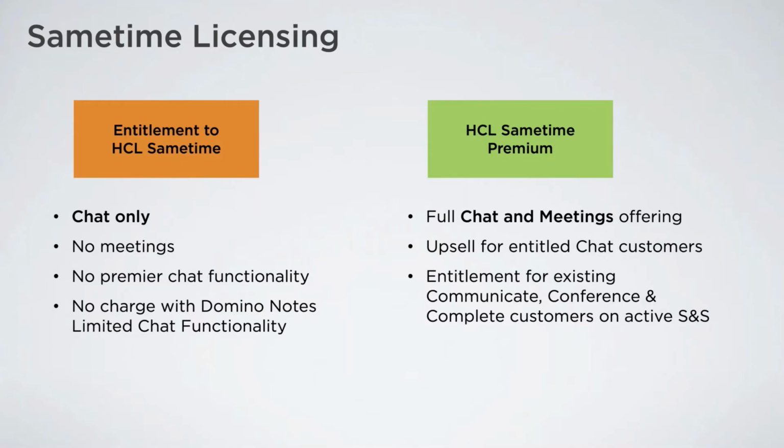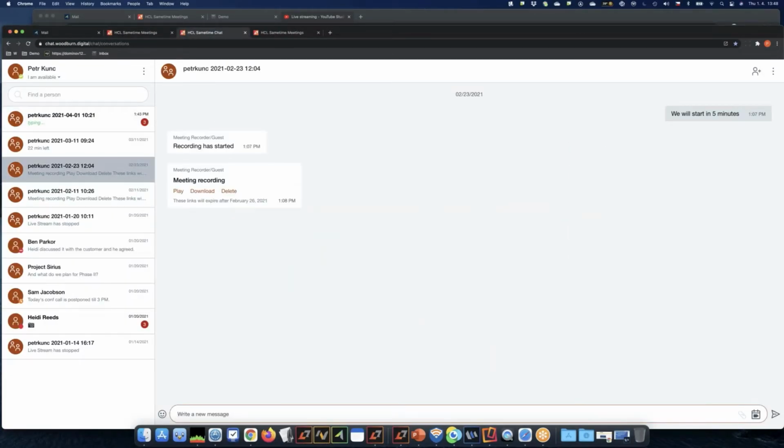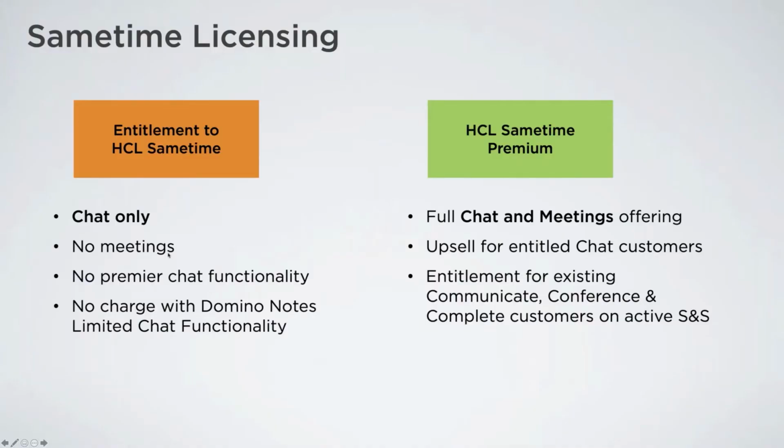Those of you who have Notes and Domino licenses deployed, basic Sametime chat, what I showed you in the first part, this chat is part of Notes license. So if you are okay with chat, you can just deploy Sametime and you can start using it with web, desktop, and mobile chat clients as well.